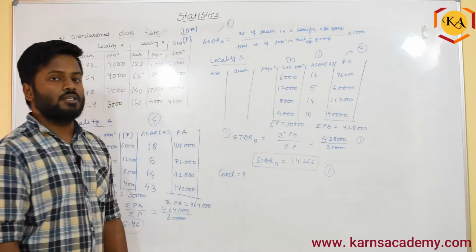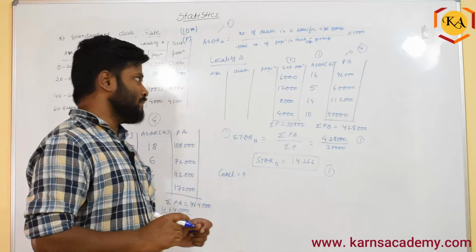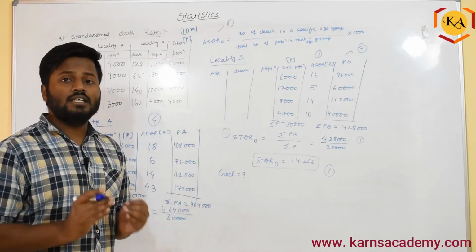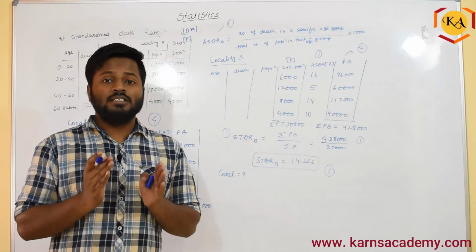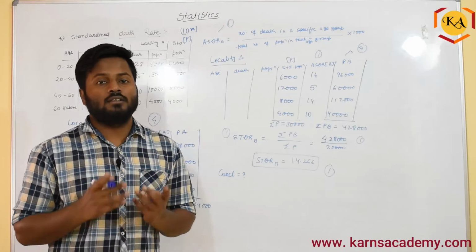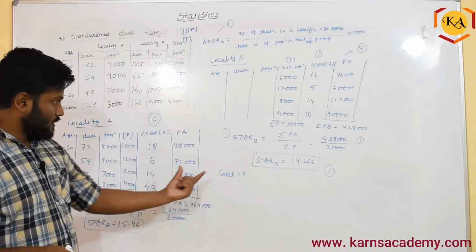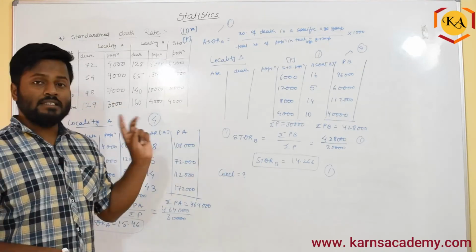Now how to write the conclusion? Generally they will ask you which city is healthier, which means wherever there is less death is healthier. So we'll compare STDRA and STDRB, and STDRB has the lesser value.